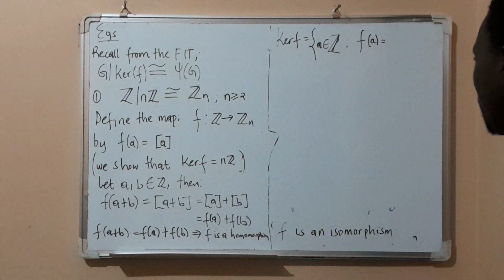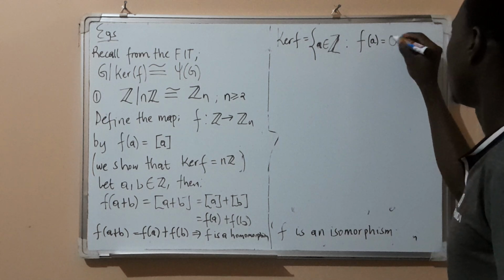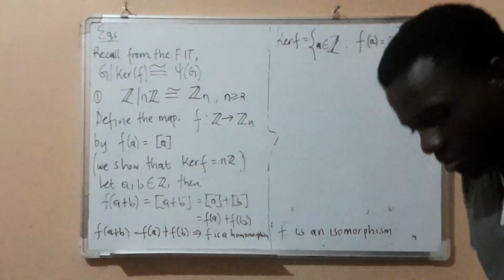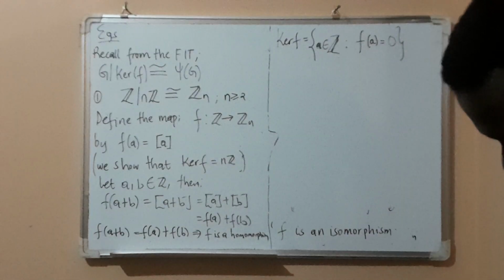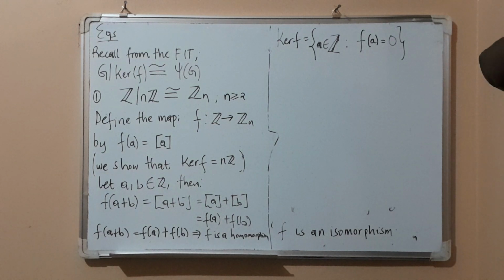So the identity here is 0. By definition, that is our kernel.